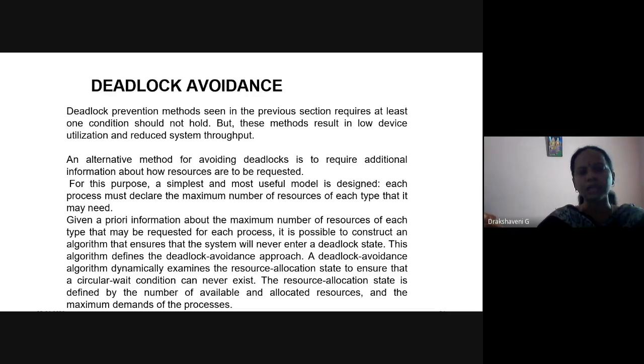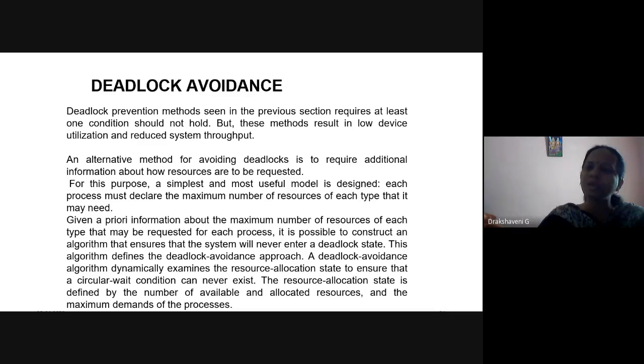An alternative method for avoiding deadlock is to require additional information about resources to be requested. For this purpose, the simplest and most useful model is designed. Each process must declare the maximum number of resources of each type that it may need. So what is deadlock avoidance? Suppose one process says, I want this input at this time, I want this at this time.